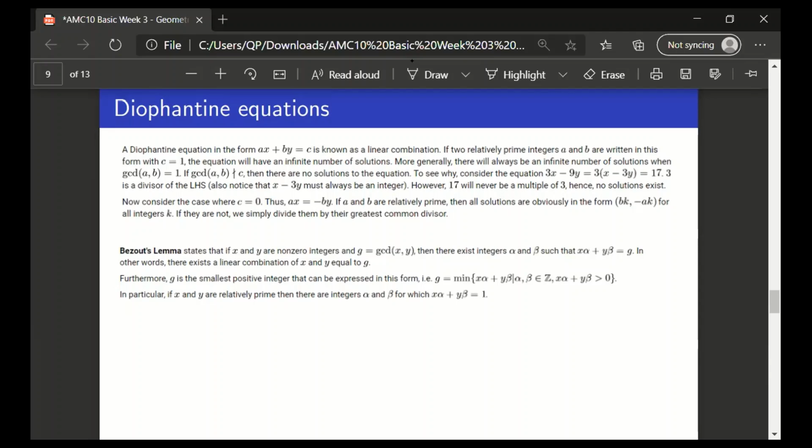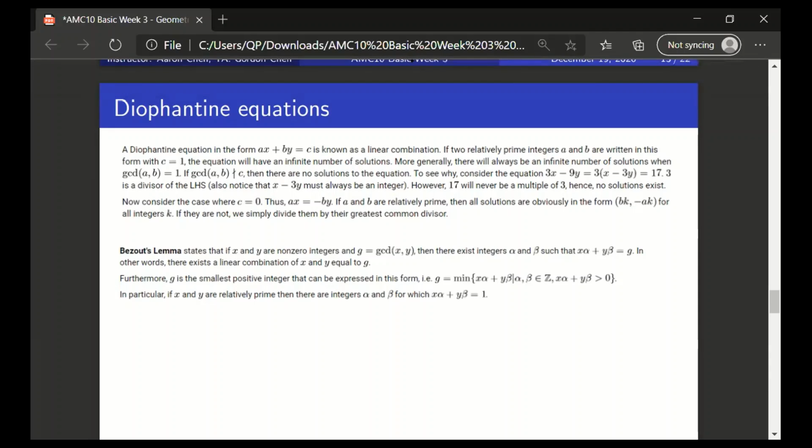To see why, there's an example given, which is 3x minus 9y equals 17. 3 divides the left-hand side because 3x minus 9y factors as 3 times (x minus 3y), while the right-hand side, 17, is never a multiple of 3.